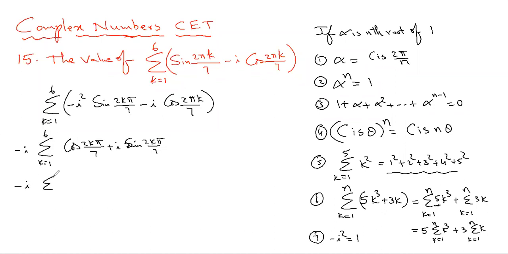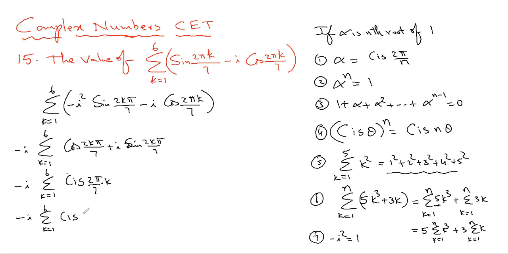Again, now I will use De Moivre's theorem. I write this as cis 2 pi by 7, into k. That k I will write in the power. If I write 2 steps directly, maybe you will be confused. In one step I wrote this as cis theta, and in the next step I write k equal to 1 to 6.